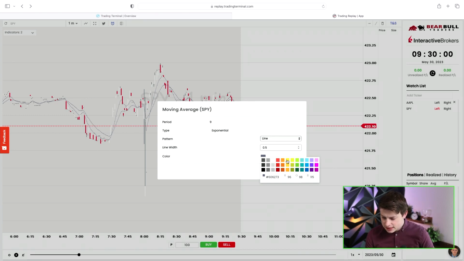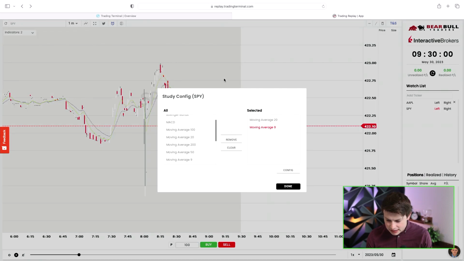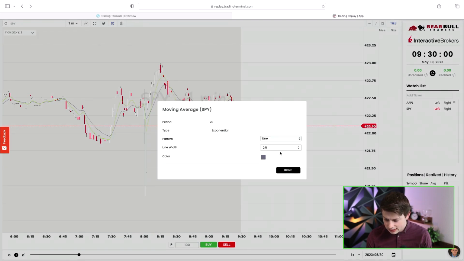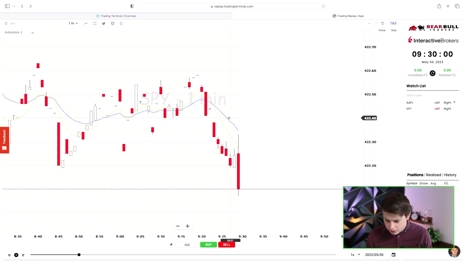You know what? Let's make it light green. There we go. Sorry, I messed up there. Let me go back to the 20, and let's make the 20 a blue color. So we've got 20 is the blue.